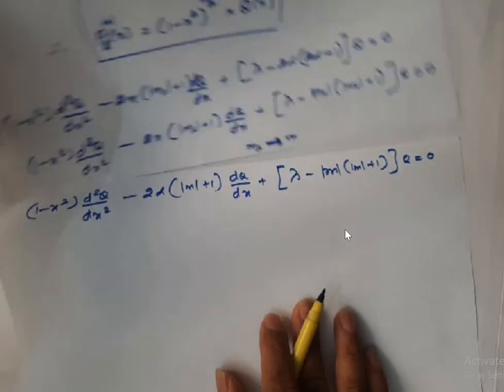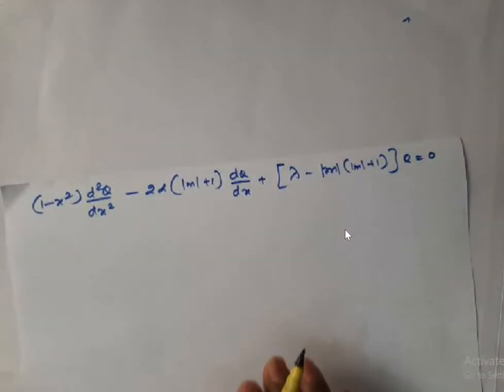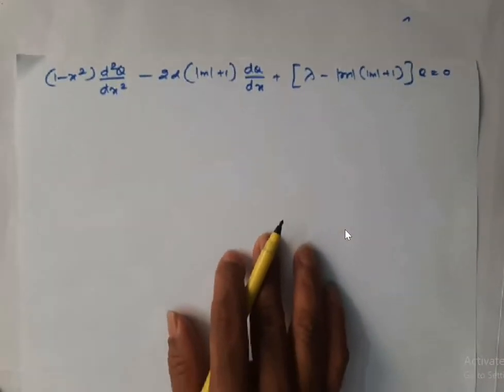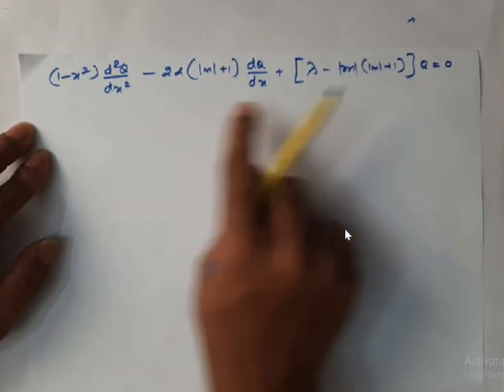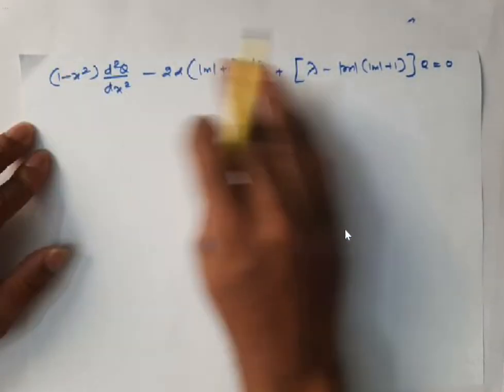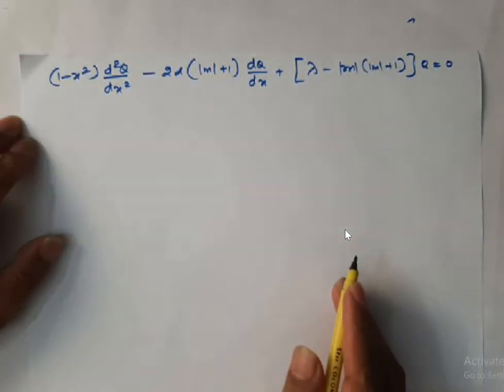Finally we'll replace this m with ml. So this is the second order differential equation in terms of q. If you solve this equation, you will get the solution for q.